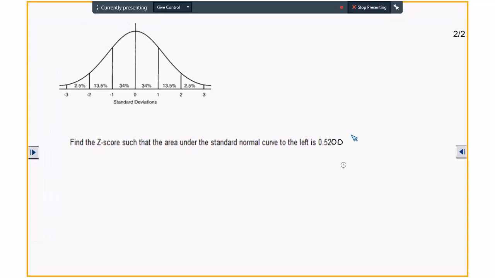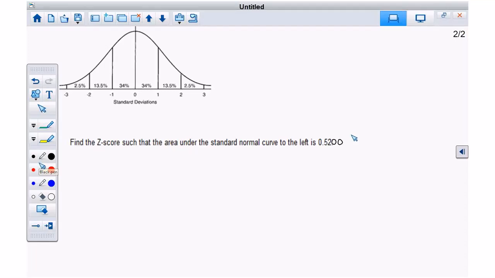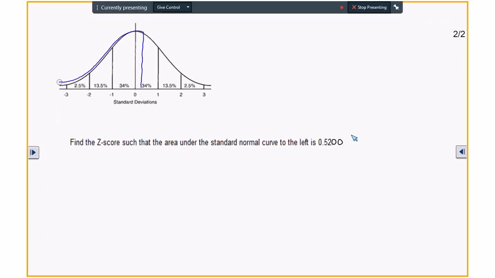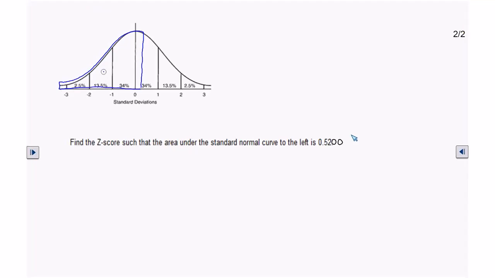There we go, 0.5200. So we know that 0 is at 50, so 2%. I'm just going to take a stab and put it right here, and put in that this time the area is 0.5200.